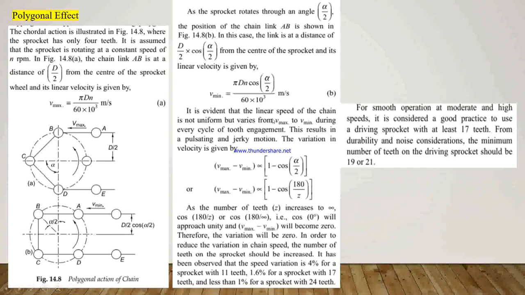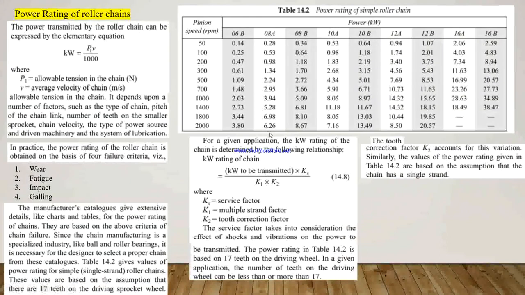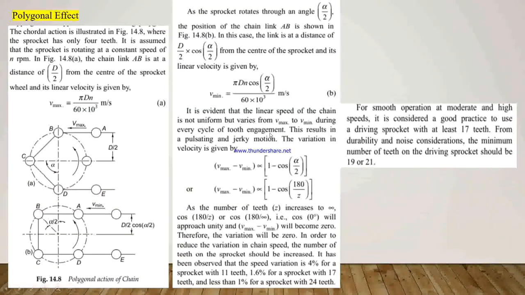That means the linear speed of the chain is not uniform but varies from Vmax to Vmin during the cycle of tooth engagement. This results in pulsating and jerky motion, and the variation in the velocity, Vmax minus Vmin, is proportional to 1 minus cos(alpha/2).